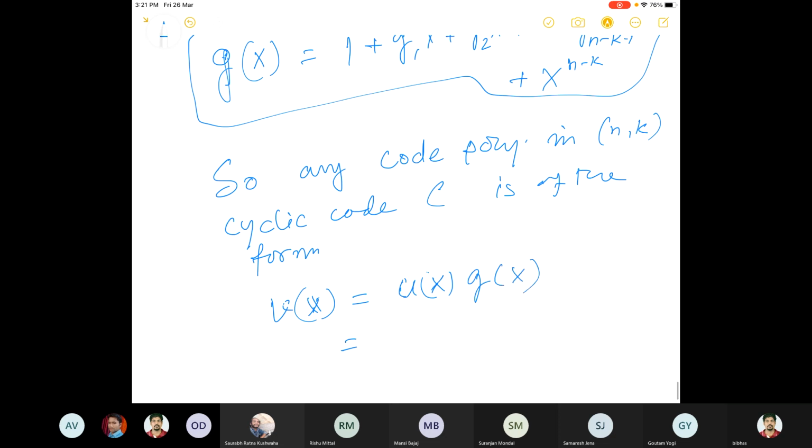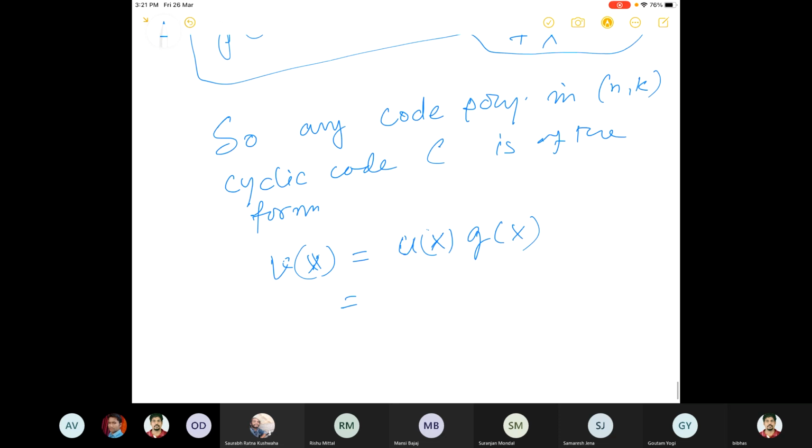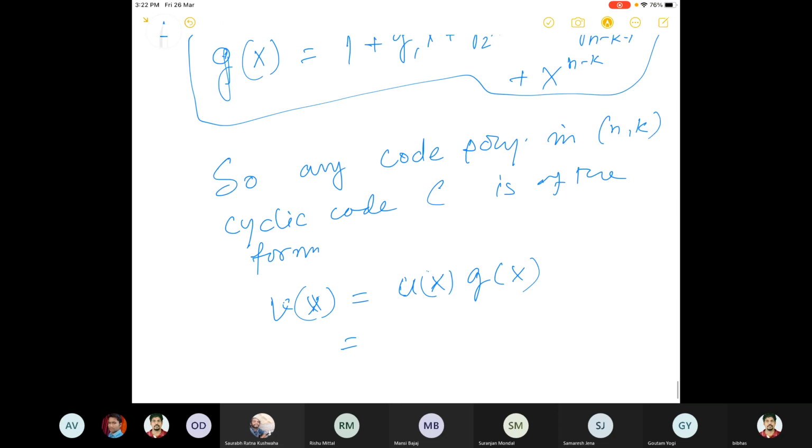And you already know the degree of Gx is n minus k. So what should be the degree of Ux?